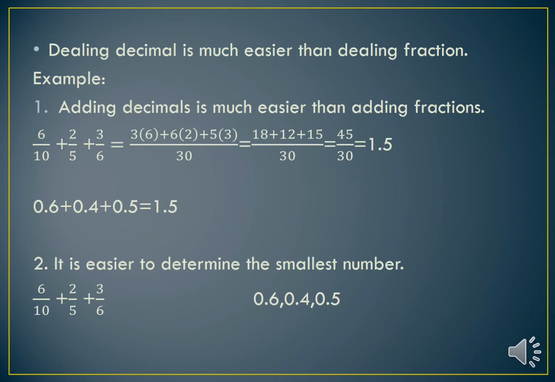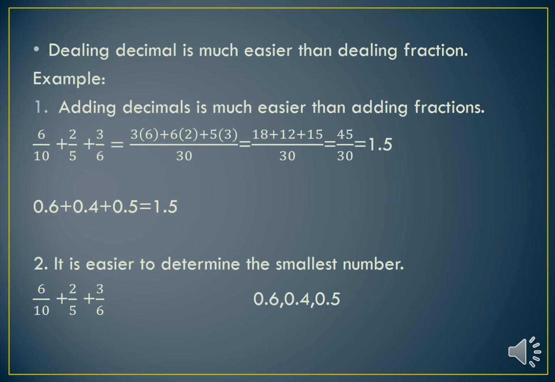Why? Example number 1. Adding decimals is much easier than adding fractions. As you can see, we have 6 over 10 plus 2 over 5 plus 3 over 6. If we are going to add fractions, first of course we must look for the LCD.